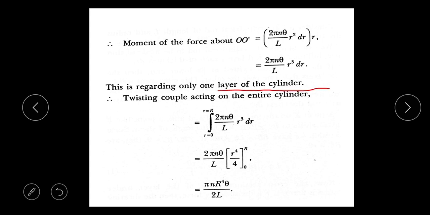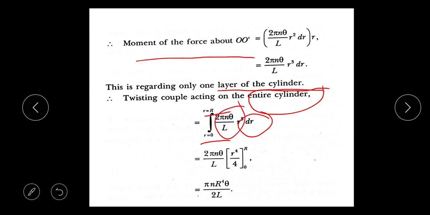Now the twisting couple acting on the entire cylinder. The entire cylinder is made up of a number of such layers, so we have to integrate that. The integral of the moment of force is 2 pi N theta by L multiplied by r cube dr, with limits from r equal to 0 to r equal to R. Take 2 pi N theta by L outside the integral and integrate r cube.